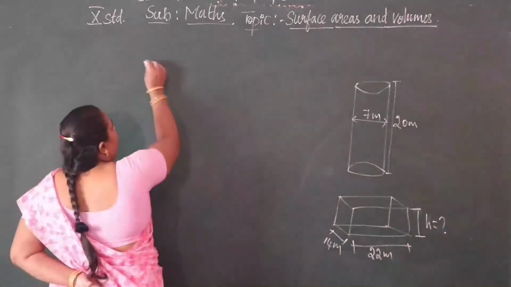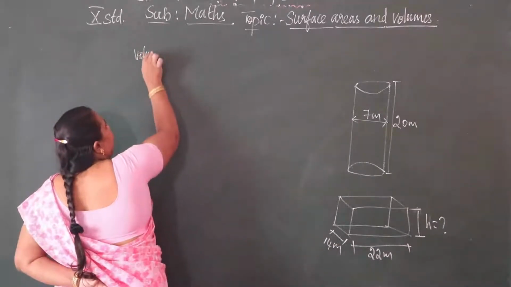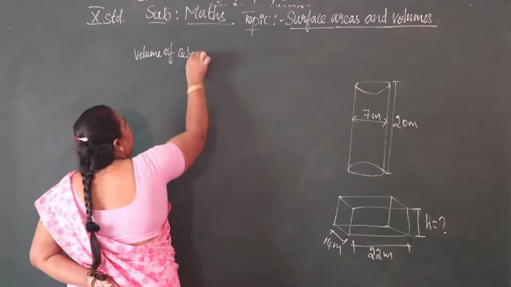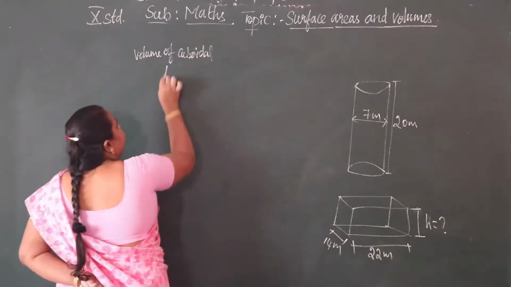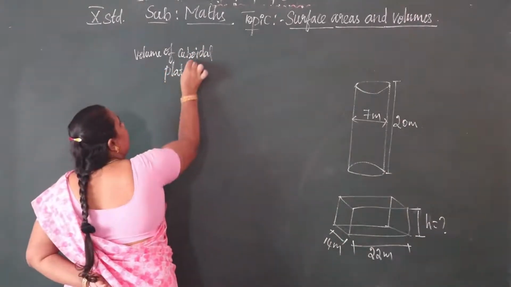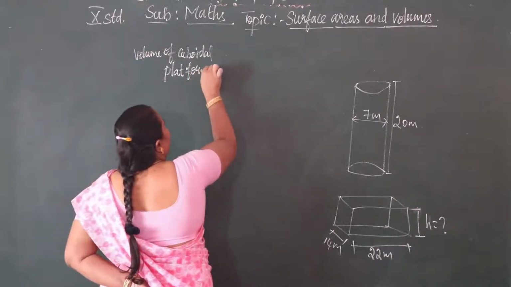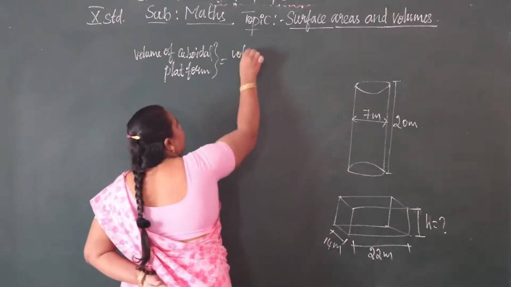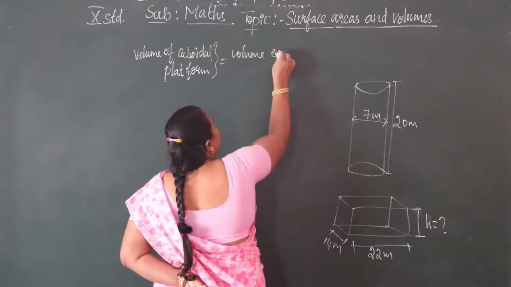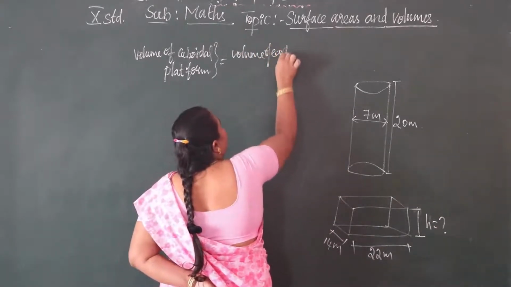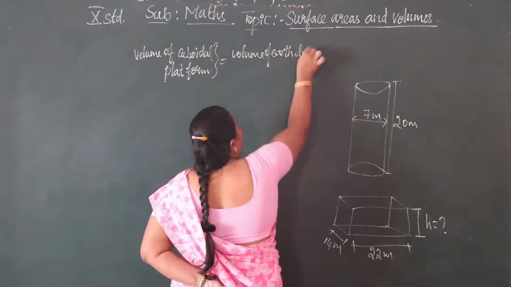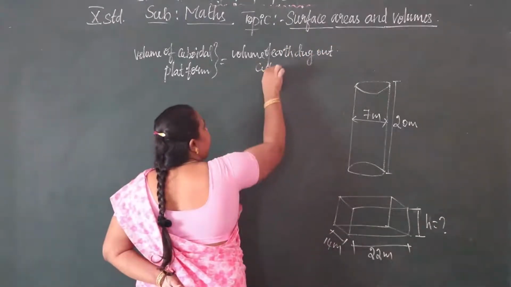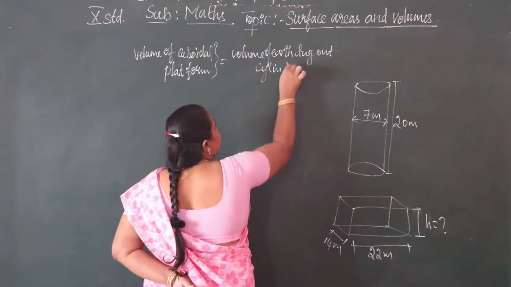Volume of cuboidal platform equals volume of earth dug out. The dug out earth is in the form of a cylindrical shape.